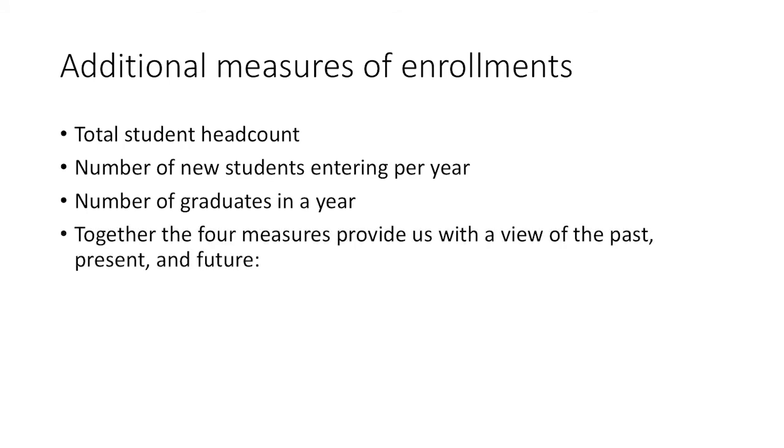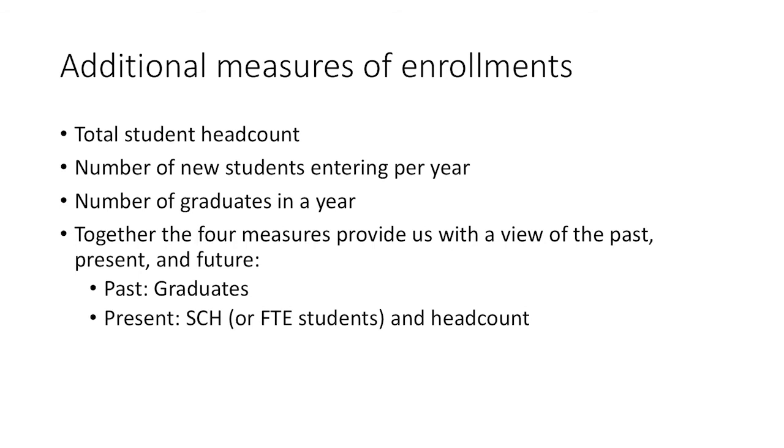Those are all valuable measures, and often when we talk about academic productivity, we talk about 4 measures. We talk about student credit hours, or full-time equivalent students. We talk about head count. We talk about number of entering students and the number of graduating students. And that gives us a nice picture of the past, the present, and the future. So the number of graduates is a measure of past productivity.